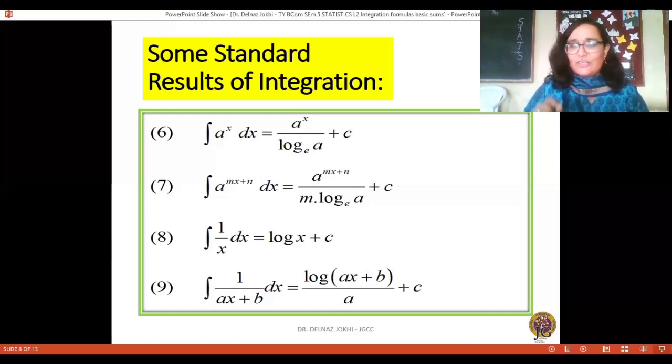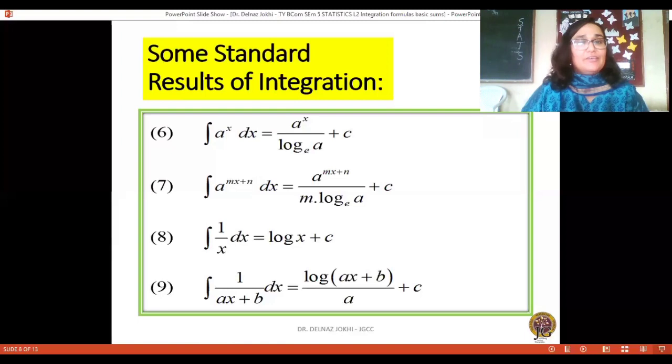Okay? Fine. So, integration 1 upon x dx. x कहां पर है? Numerator, denominator. बोलो बोलो. Numerator, denominator. नीचे है. It's in the denominator. Very good, beta. So, integration 1 upon x dx is equal to log x plus c. Simple as that, if you remember my tricks. Now look.